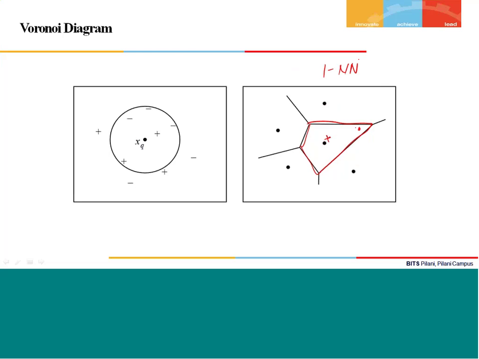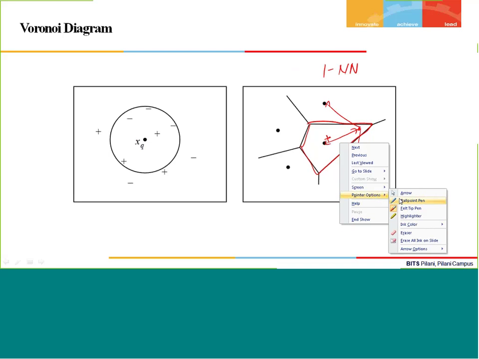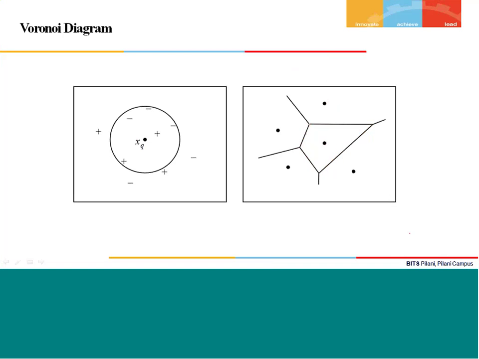If you calculate the distance from here, it is always shorter than the distance to this point and this point. Likewise, if you plot these regions for one nearest neighbor, you will see the Voronoi diagram of this is this. If you ask what the decision is for this query point, and the decision boundary for this query point is this, in this case the class label will be negative, because the majority in this decision region is negative.